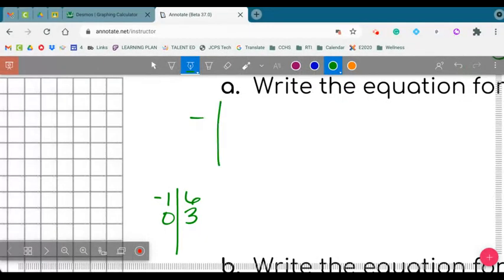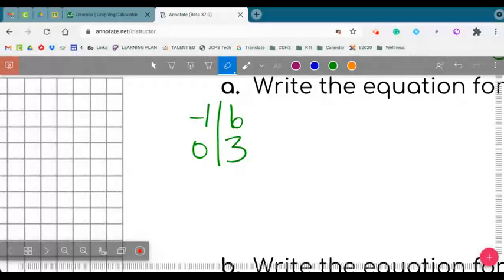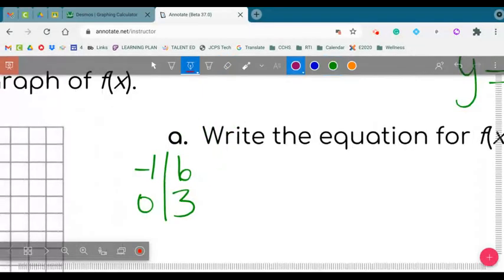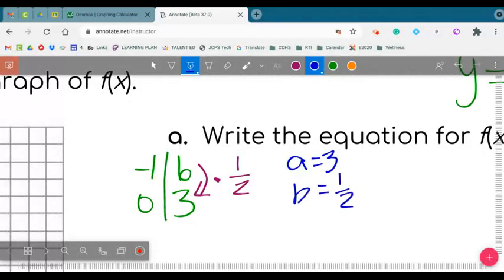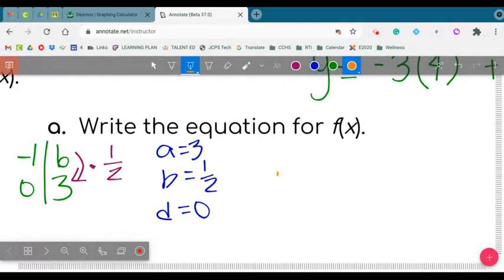I'm going to rewrite this up here, you guys. Okay, so from 6 to 3, you're multiplying by 1/2 because we're going down. So our a value is 3, our b value is 1/2, and our d value is 0. So our equation will be y equals 3 times 1/2 to the x.